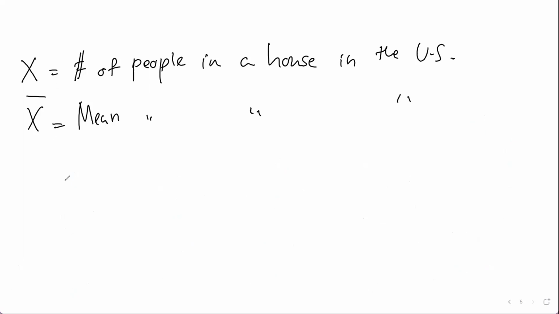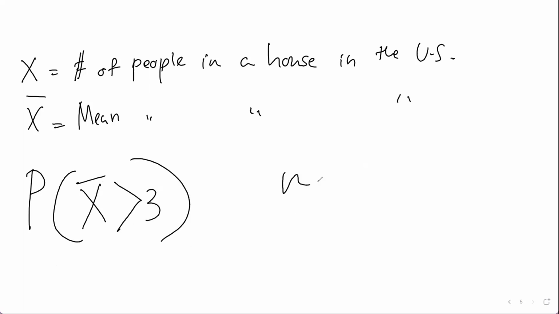Our question asks: compute the probability that the mean number of people in a particular household is greater than 3, given that the sample size is 100. Mean size of a household means the number of people in the house. We need the probability that the mean is greater than 3 when the sample size is 100.